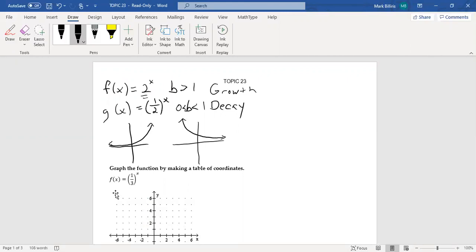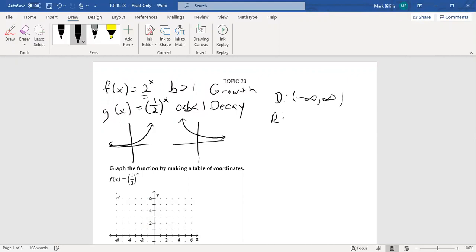When we talk about exponential growth and decay, let's look at the domain real quickly. What are we allowed to use for exponents? Because our domain is our x value. Our domain is all real numbers because there is no restriction. For our range, look at our graph.